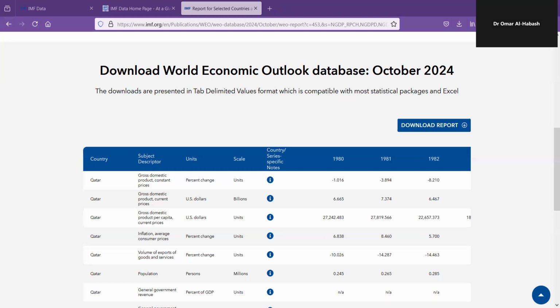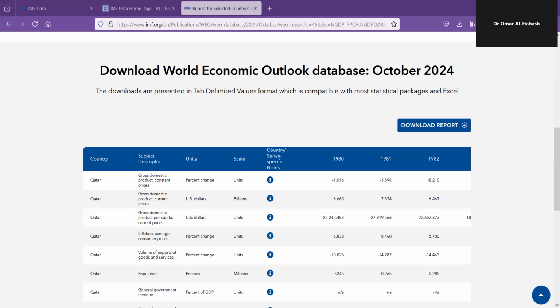If you talk about 40%, most developed countries have high debt. If you talk about the US, UK, and other countries, you'll find general government gross debt is very high, which is really good for Qatar.